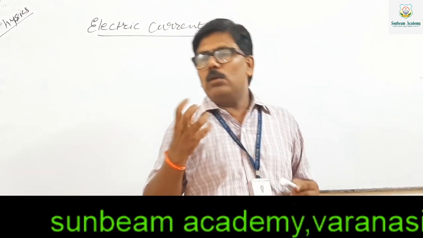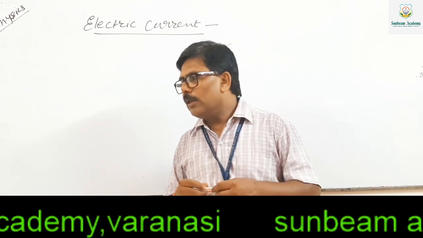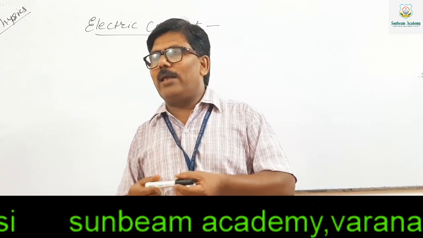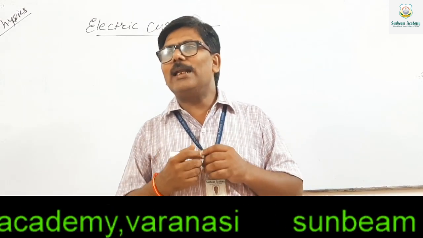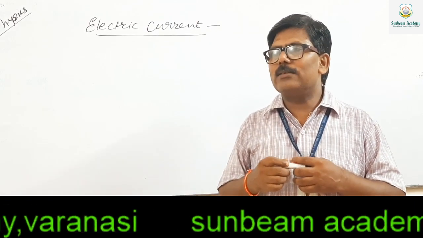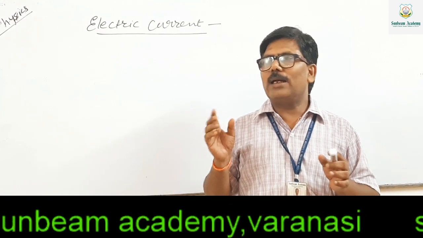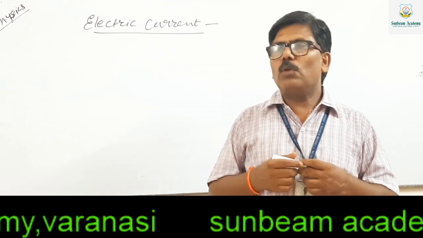Now, one question is arising in your mind: when you see a general electrical wire or touch it, you do not feel any current, but as soon as it is connected to some source, you can feel the current flowing through it. Why does this happen? Let us see what happens.